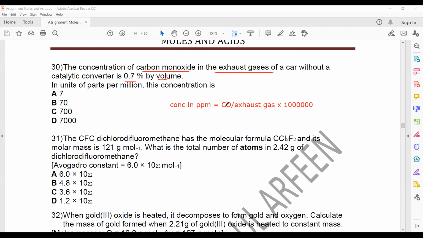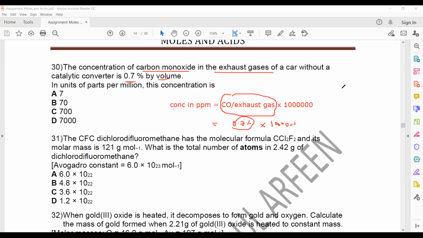This value is given as a percentage, 0.7%, because they mentioned carbon monoxide to exhaust gas is 0.7%. So how do we convert a percentage into a fraction? To convert a percentage into a fraction, I divide by 100.